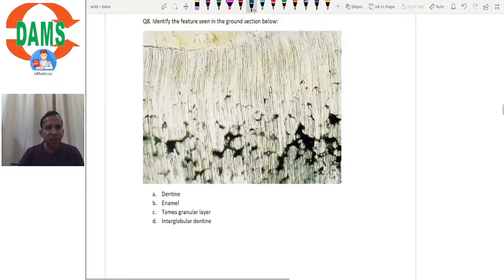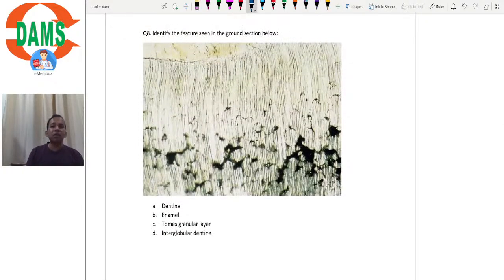Question number 8. Identify the feature seen in the ground section below. Again, we are presented with the ground section, and we can see some black discoloration here, right? And then we have this tubular arrangement, isn't it?